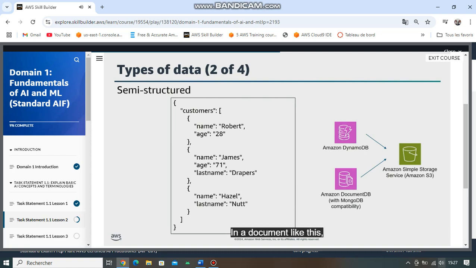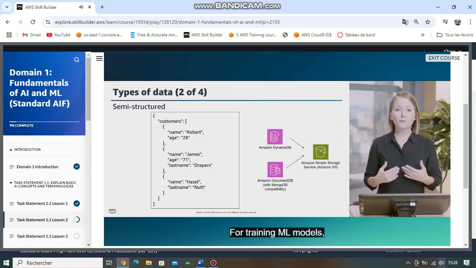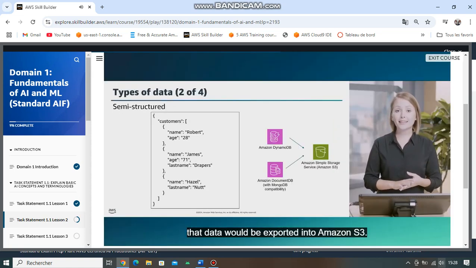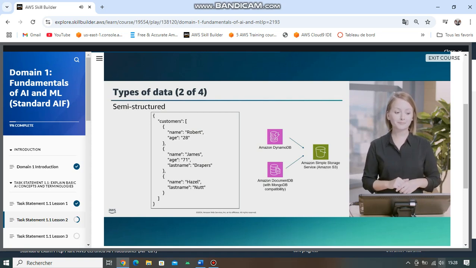In a document like this, the features are represented as key value pairs. Amazon DynamoDB and Amazon DocumentDB with MongoDB compatibility are two examples of transactional databases built specifically for semi-structured data. For training ML models, that data would be exported into Amazon S3.